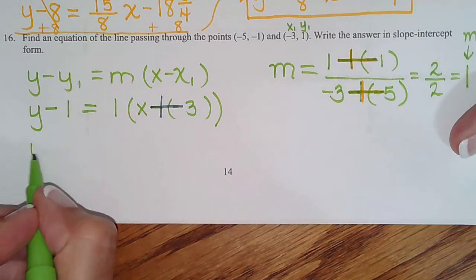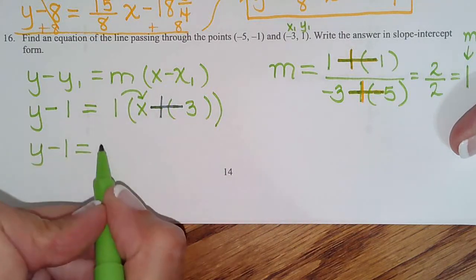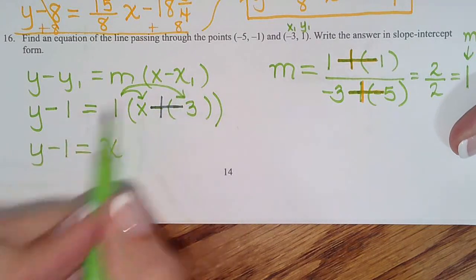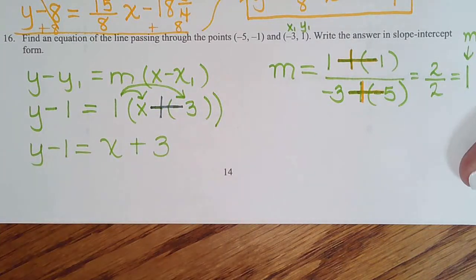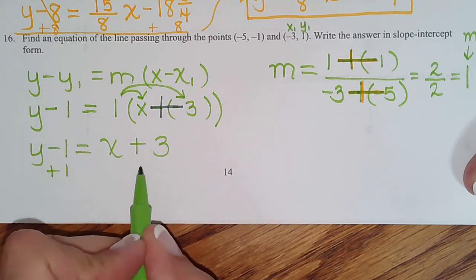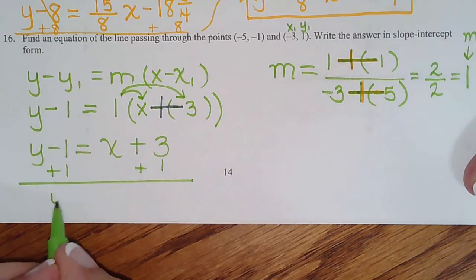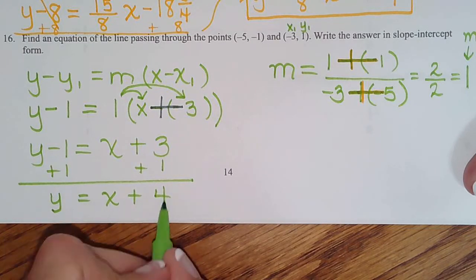So now I have y minus 1 equals 1x, which is just x, 1 times positive 3 is plus 3. And then one step away from done, plus 1, and we get y equals x plus 4.